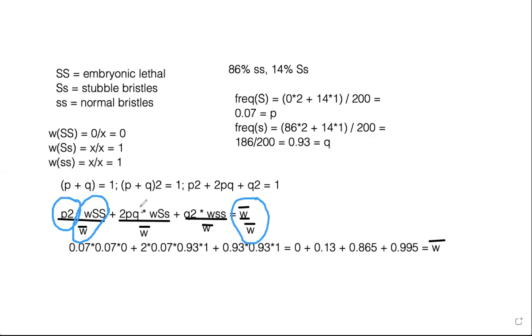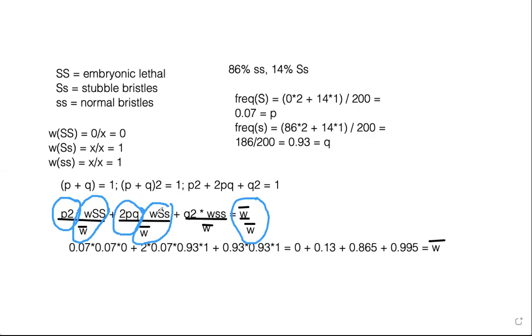Or here, 2PQ, that would be the frequency of heterozygotes if there were no selection going on. Then we would be in Hardy-Weinberg equilibrium. We'd be meeting the criteria for being in Hardy-Weinberg. No selection, it would just be 2PQ. That fraction right there, W big S divided by W bar, represents the effects of selection.